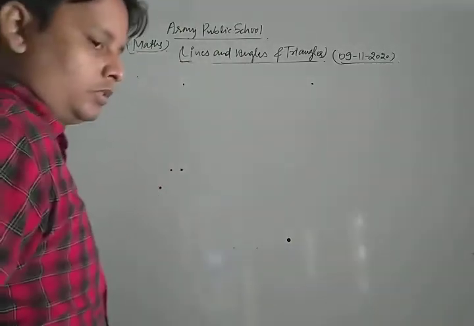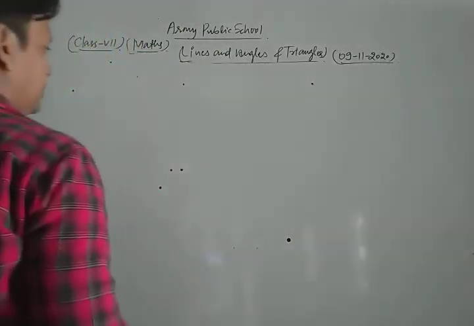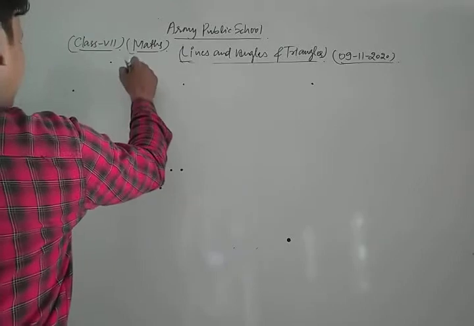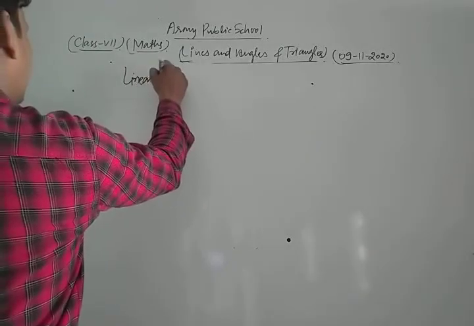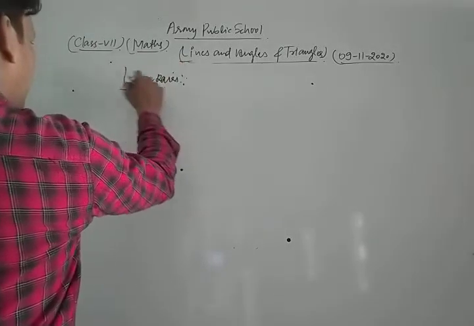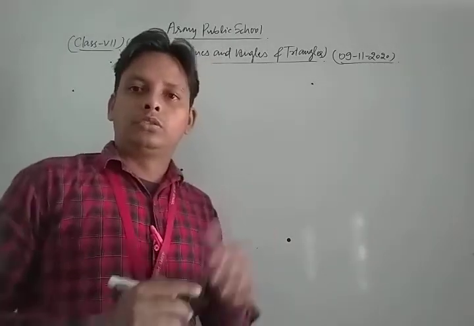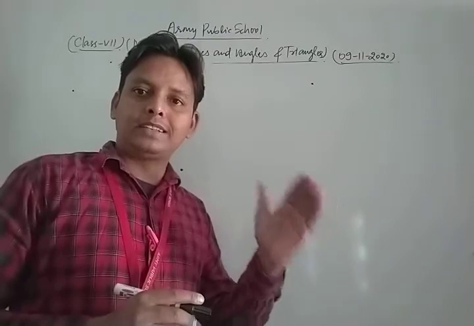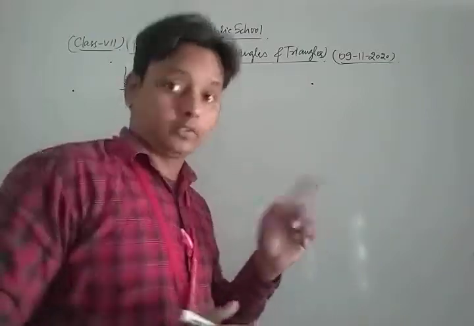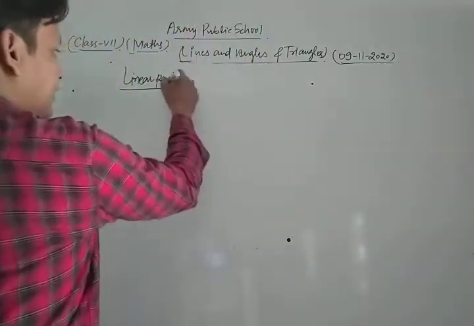Now we are going to discuss some important concepts related to linear pairs. Two adjacent angles are said to be a linear pair if the necessary condition is satisfied.